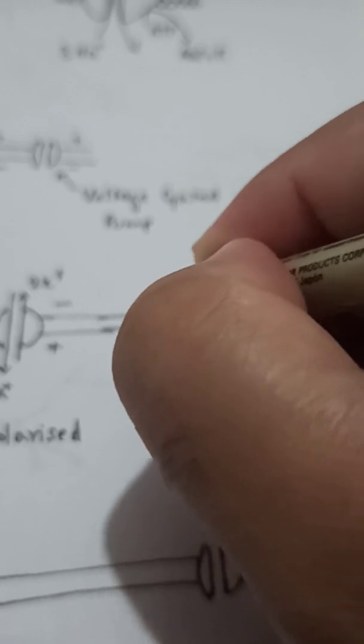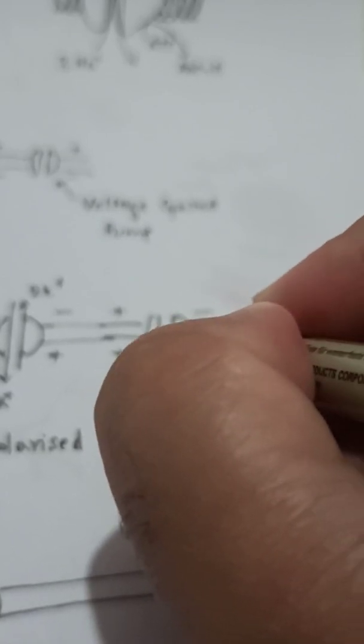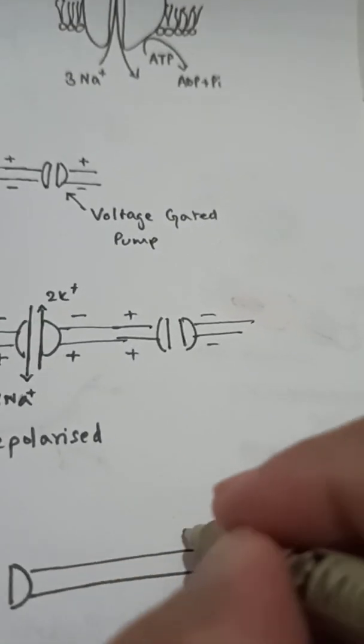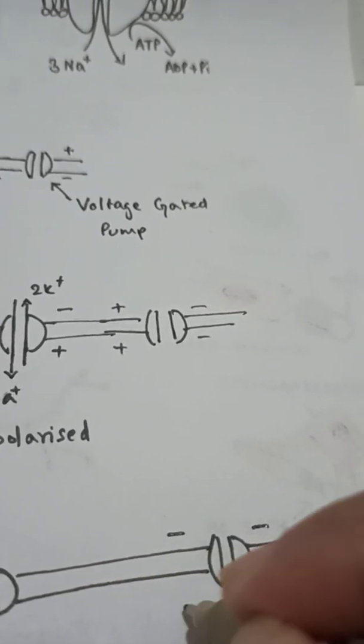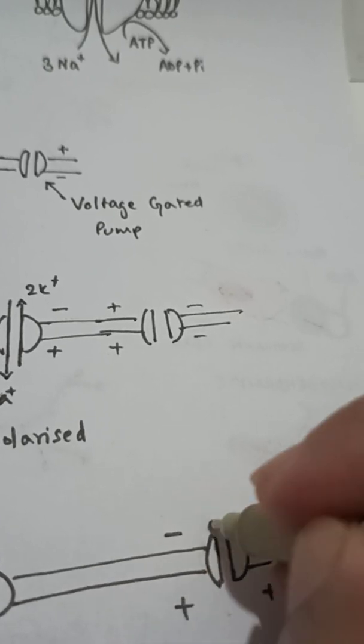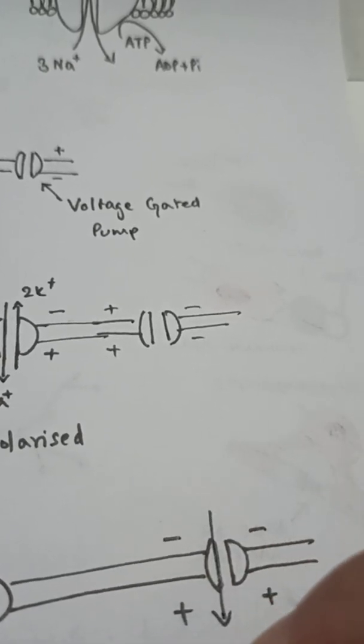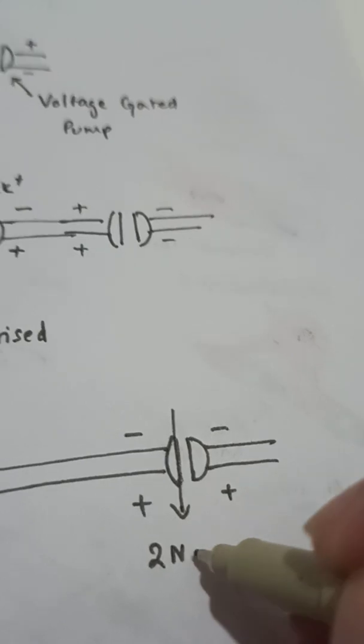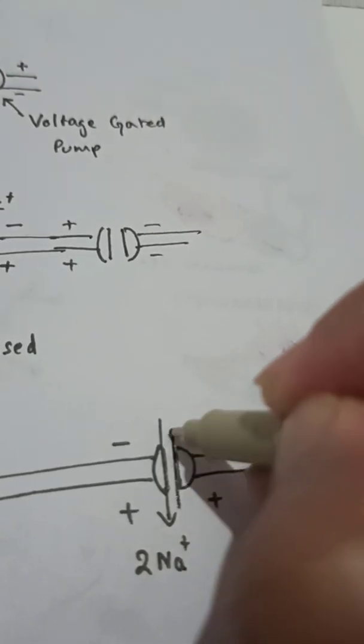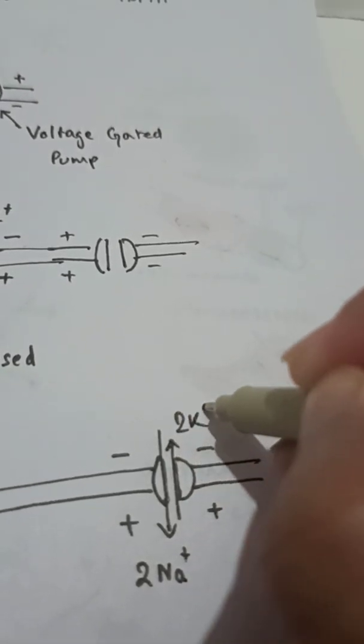Okay, let's say here is another unit. Here it was positive, here it was negative. Now here it will turn negative, here it will turn positive. Why? Because sodium has moved inside and potassium went outside.